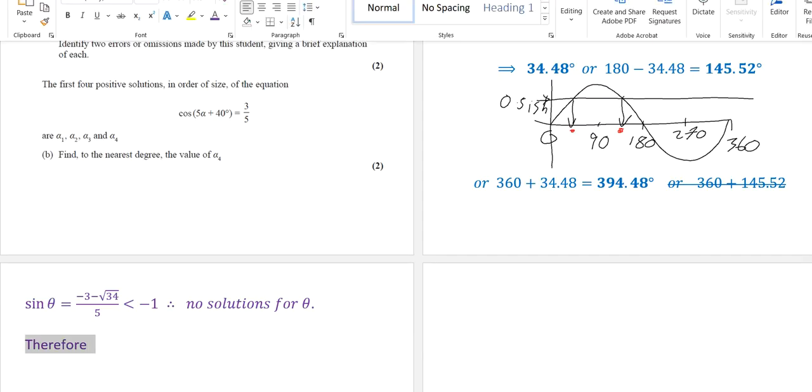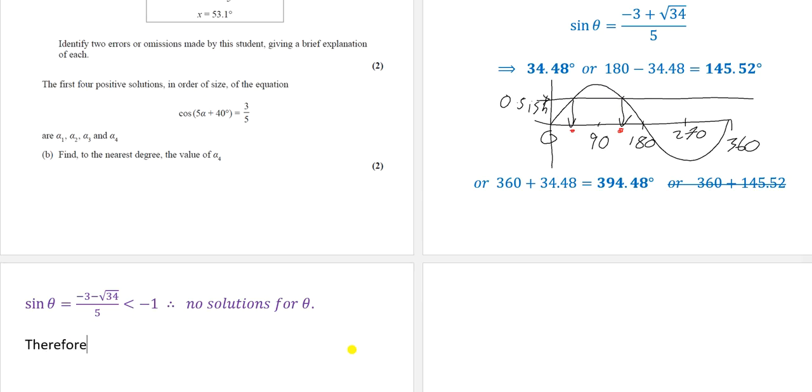So at the end of this part, to make sure we've done it properly, all solutions in the range will be theta equals 34.5 degrees, 145.5 degrees, and 394.5 degrees to one decimal place.